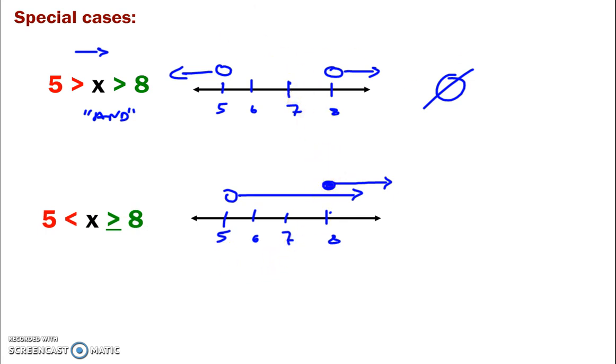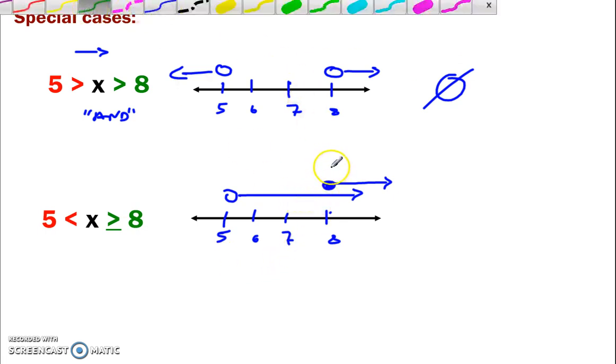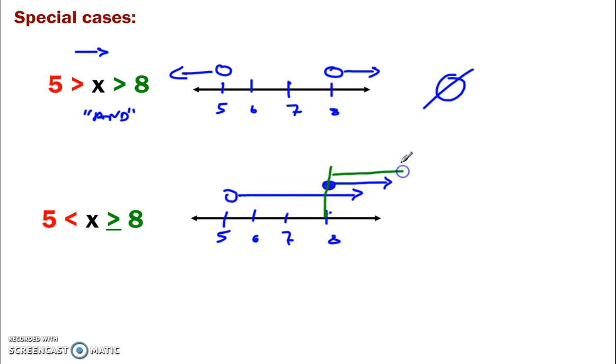Well, everything from here on out is where these two overlap, which means the answer to this is just x is greater than or equal to 8. This graph right here, from here going this way, is the solution set.